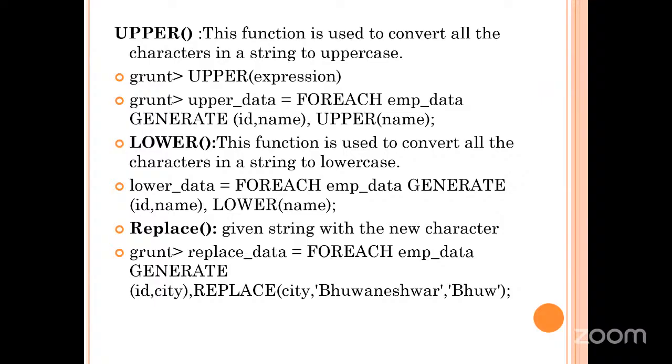Next, grunt greater than upper_data, that is the uppercase data you're going to convert. upper_data equal to foreach employee_data generate, in brackets, write down id comma name comma upper in brackets name.